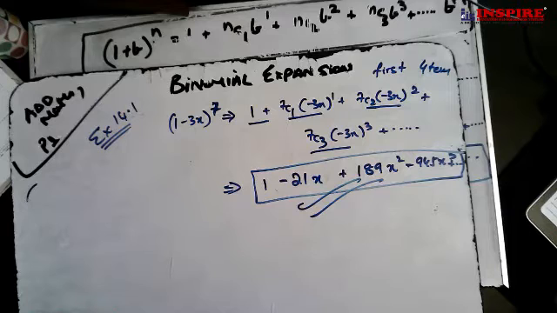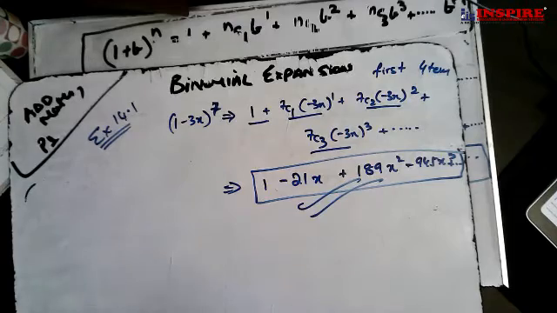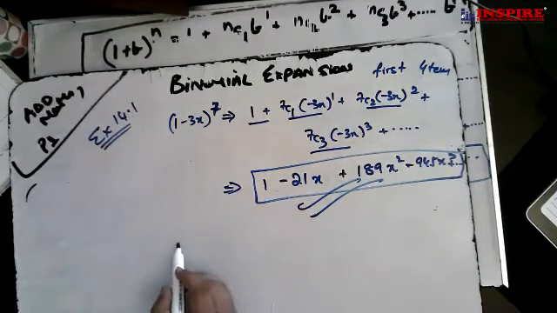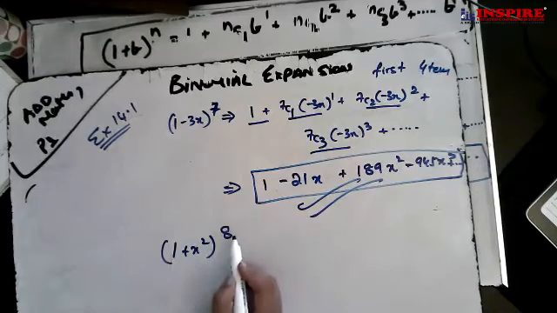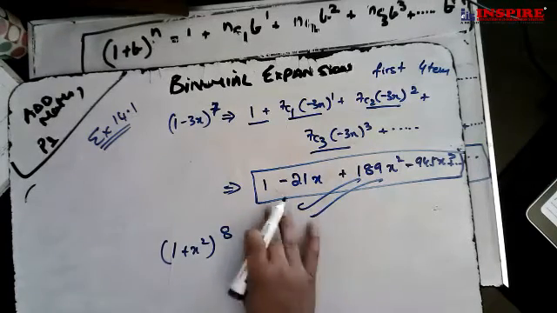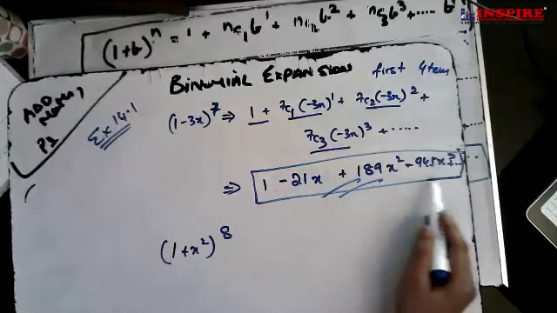Brilliant, Maryam Fatima. Okay, cool, let's go ahead. Another expansion: I want the expansion of 1 plus x squared to the power of 8. Remember one thing, let's learn this: this is ascending powers of x.